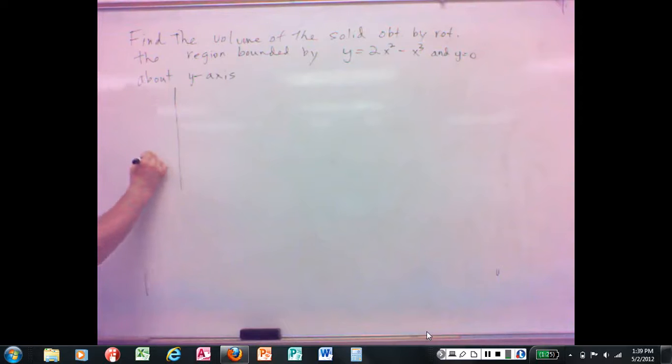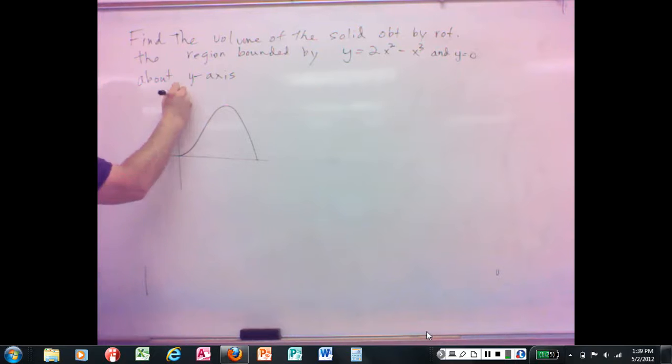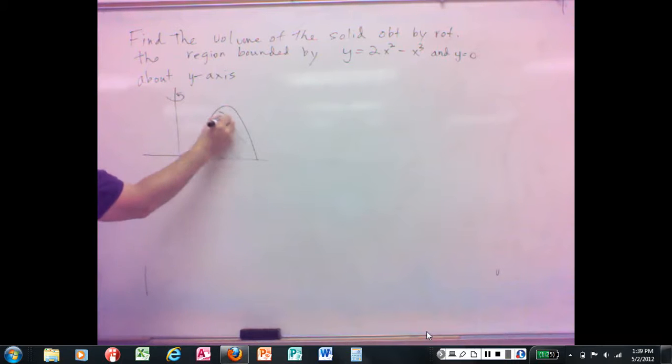Okay, so that's the one we just talked about. It's this shape here. I'm going to rotate about the y-axis, this portion here.